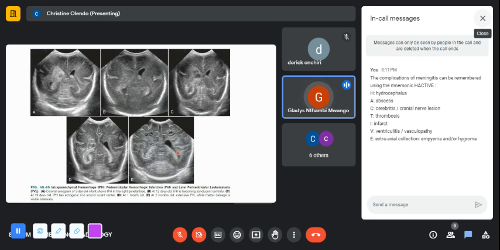You can see there's widening of the CSF spaces. So yes, by the time you're reaching E, you can see that you have some hygromas. Yes, subarachnoid, extra-axial hygromas. Yeah. Oh. Okay.